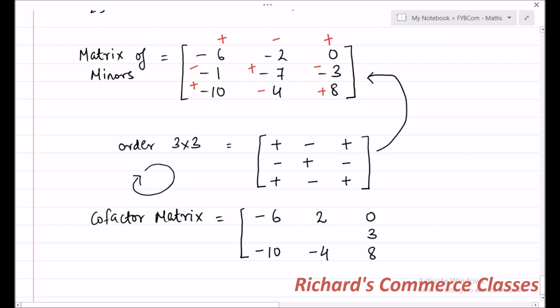Minus into minus will make it plus 1, so 1. And plus into minus is minus 7. This is how you calculate cofactor matrix for a 3 by 3 matrix. You can pause the video, go back a little, and see the process for calculating cofactor matrix. First start with a 2 by 2, then move on to a 3 by 3 matrix.